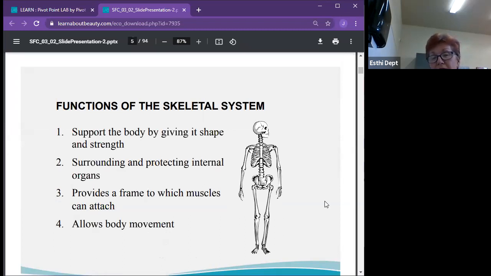And 4, it allows the body movement. Those are the 4 things that you need to put on your study guide. If you put it in a different order, you could actually spell out the acronym MAPS, which would be movement, attachment, protection, and support. Those are the 4 that actually help you out. They're just in a different order on there.